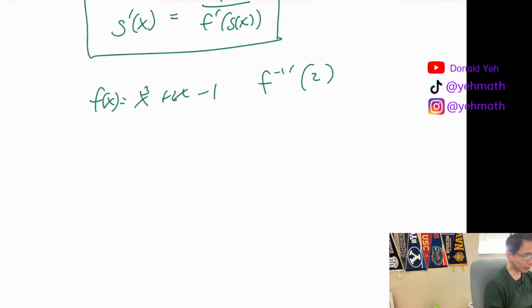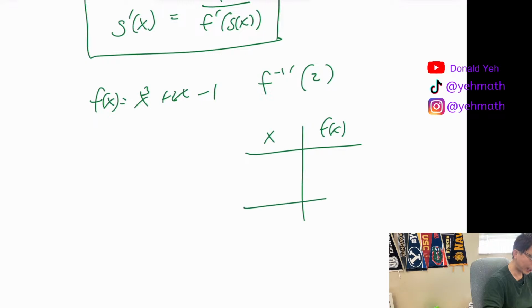Okay, so the problem is, how do we find the inverse function? We can't. So what we're going to do is draw a chart here: this is x and f of x, and this one is x and f inverse of x.